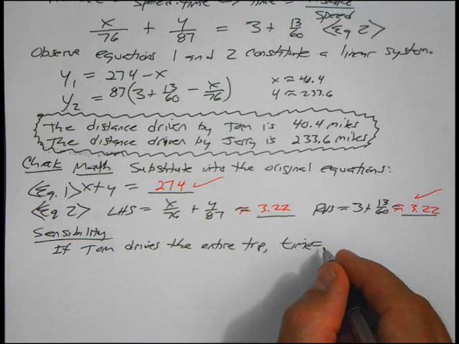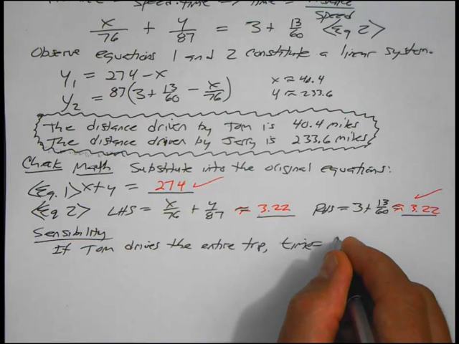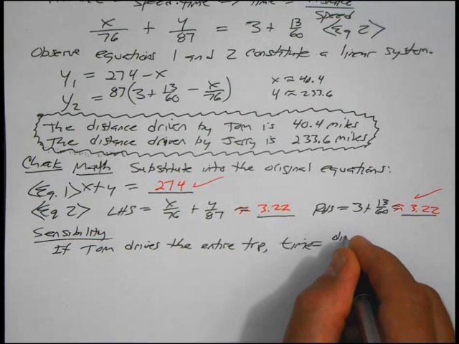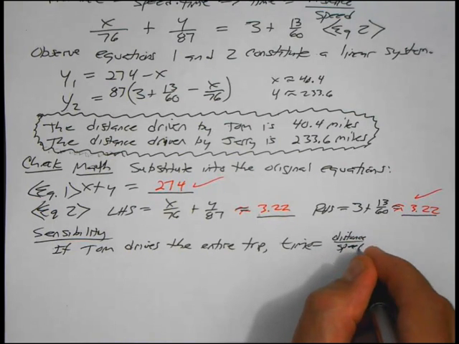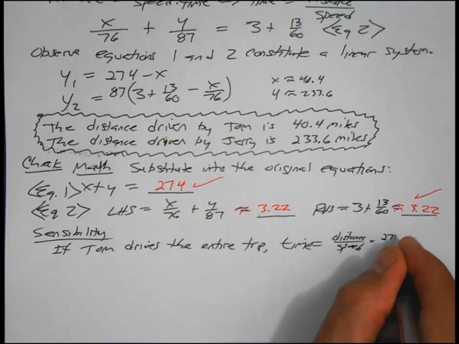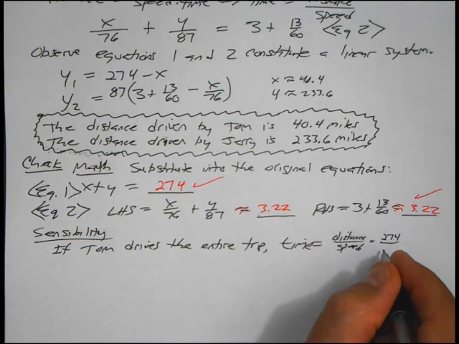So in this case, the time equals the distance over speed, which would be 274 divided by Tom's speed of 76.